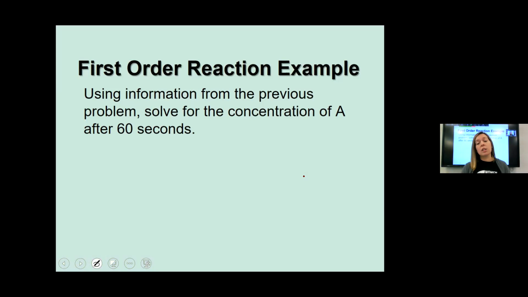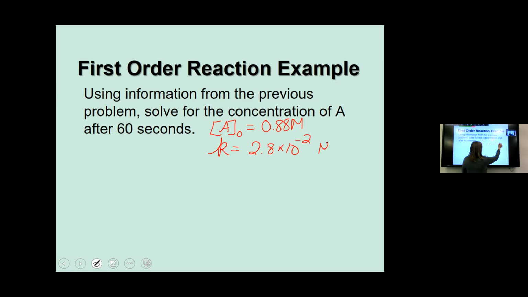All right, we are going to do one more example with this. Using the information that we had on the previous slide, the original concentration of A was 0.88, and we had the value of our rate law constant as 2.8 times 10 to the negative second per second.